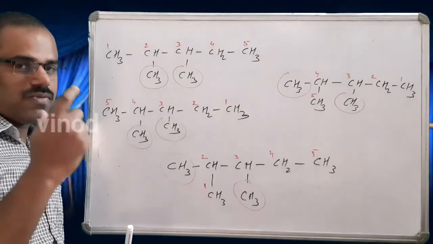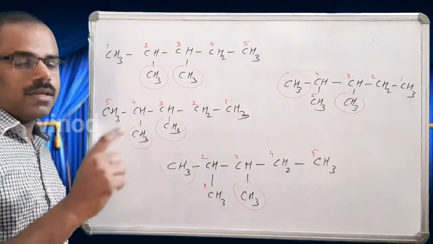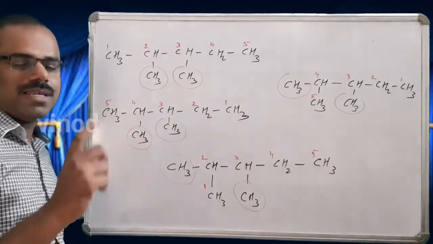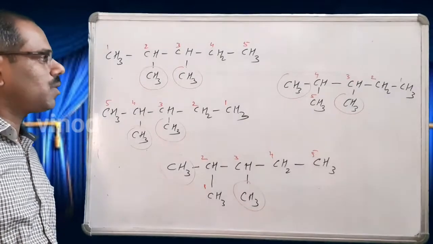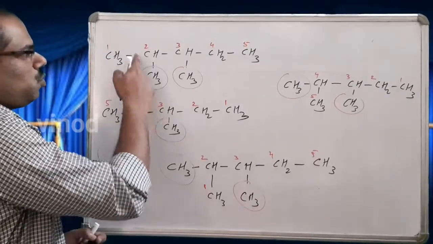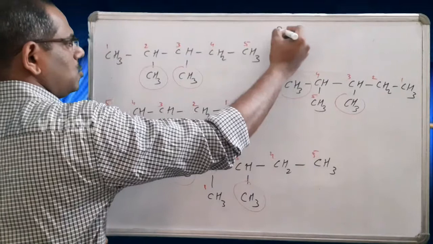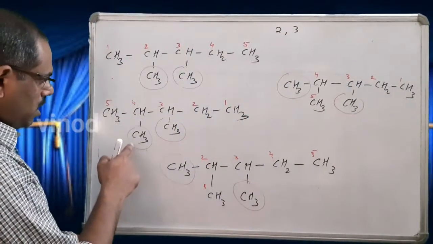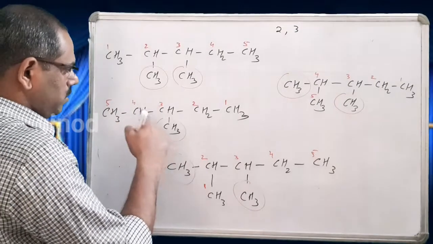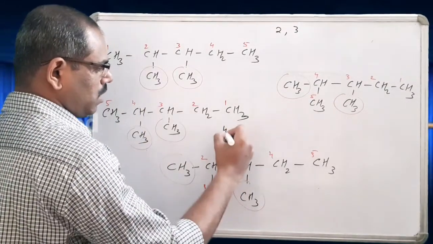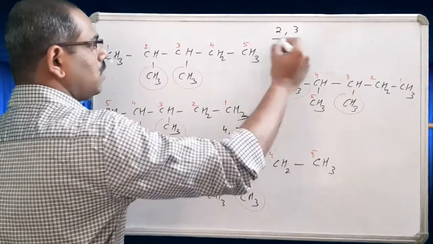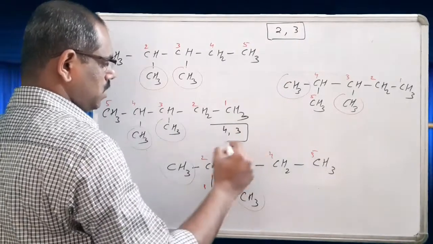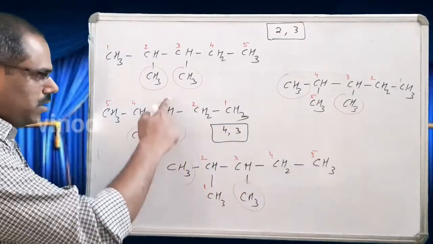The second rule: the alkyl groups must get the lowest numbers. Here you see 2 and 3, second position and third position. Here it is 4 and 3, substituents at the 4th place and the 3rd place.